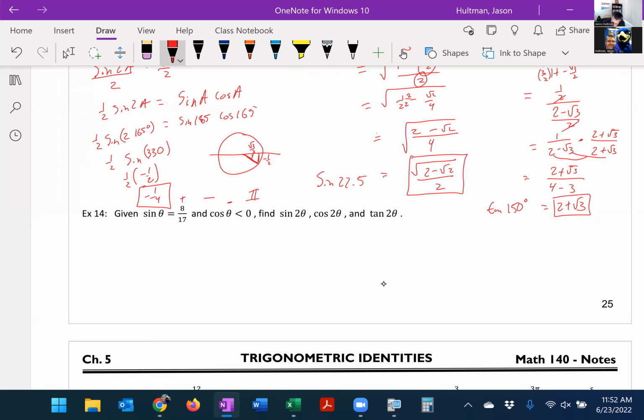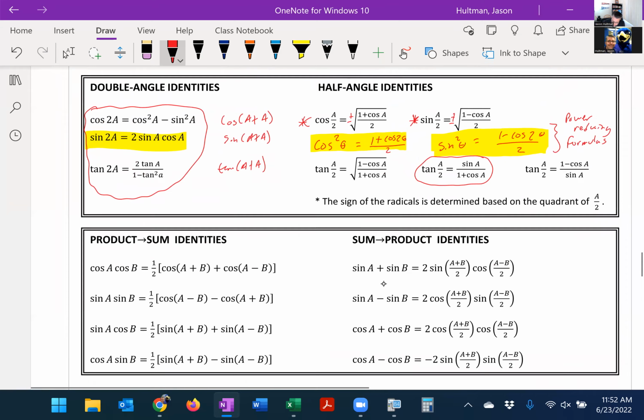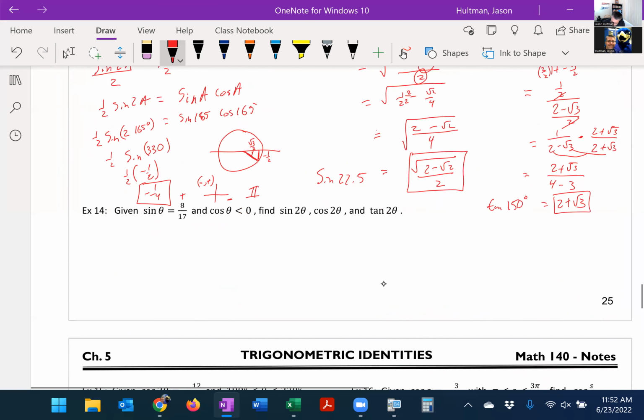Over here in quadrant 2, we get cosines to be negative and sines to be positive. We want to find the sine of 2 theta, cosine 2 theta, and tangent 2 theta using those double angle formulas. Okay, so let's do that.